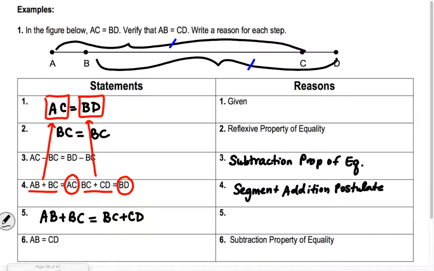What did I do? I took something that was here, this AC, and I replaced it with AB plus BC. Substitution. Yes, I used the word substitution, right? So I substituted. Substitution property of equality.